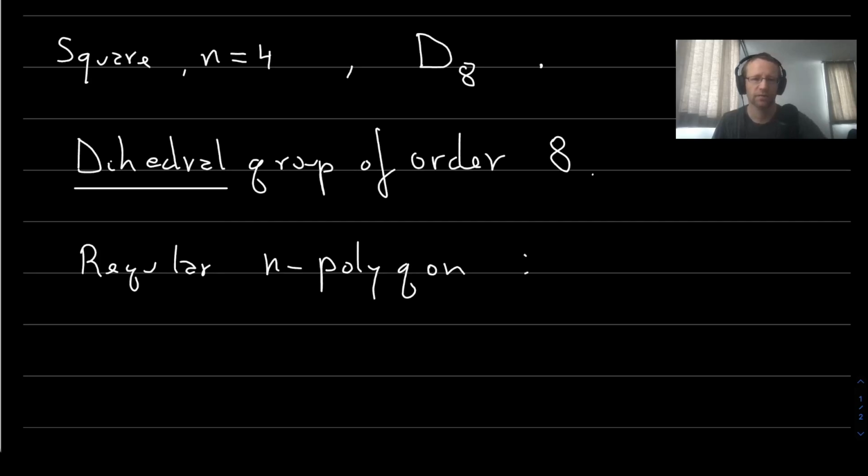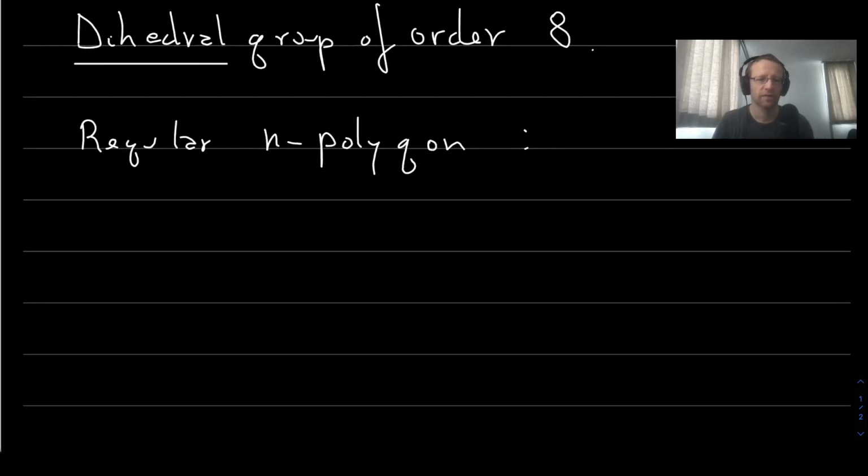Well, that's easy to imagine. We have a rotation r by 360 over n degrees, and it will satisfy r to the n is 1. So we have a cyclic subgroup of order n inside D2n, which moreover is normal. The quotient is Z2.